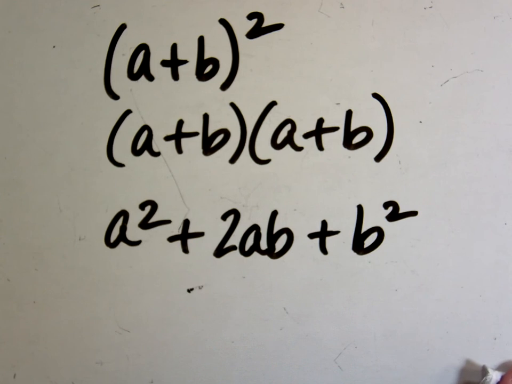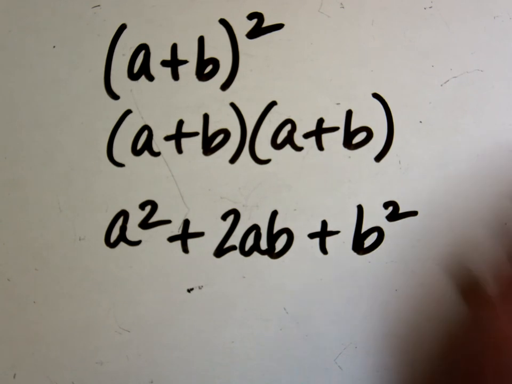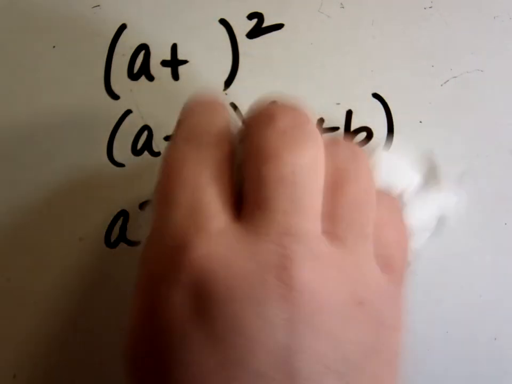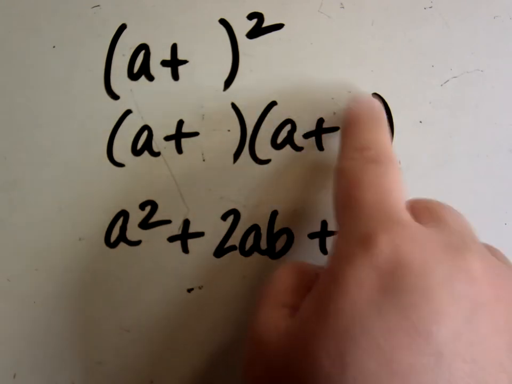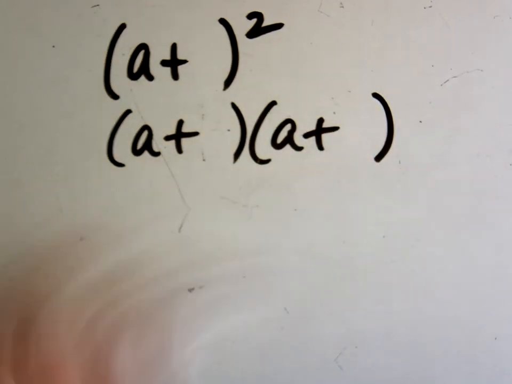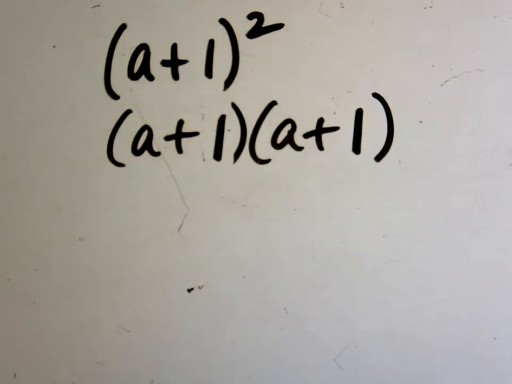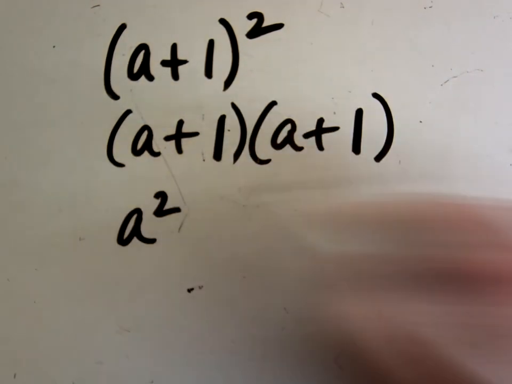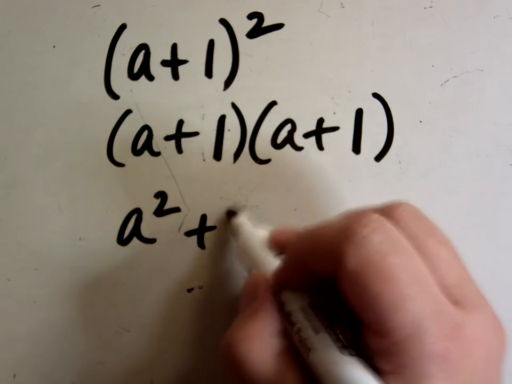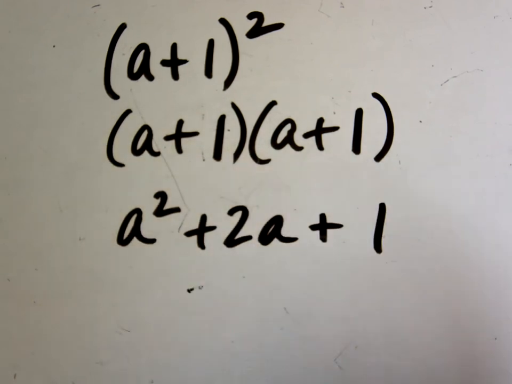Let's look at what happens when instead of a plus b, it's a plus 1, because these are the ones we keep bumping into. So that's even easier. Well, a squared plus 1a plus 1a, that's 2a, plus 1.